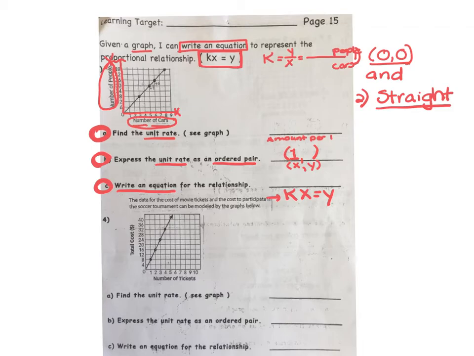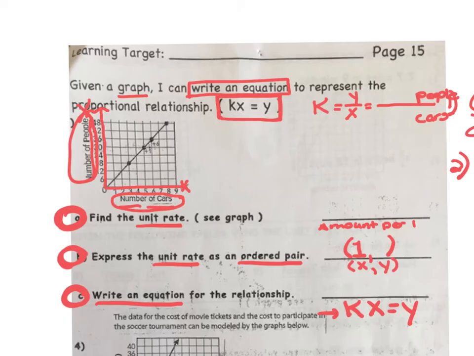Let's begin. Whenever you're given a graph, the first thing you should do is create a small t-table with X, the number of cars, written in the first column, and Y, the number of people, written in the second column.